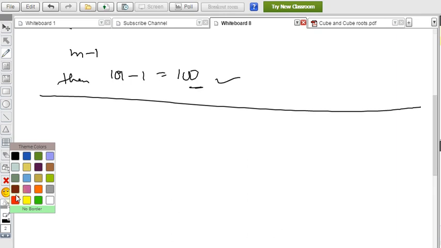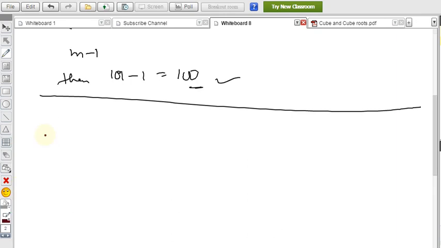Fine. A is equal to 27. A value is given, and they have given a condition: cube root of a plus cube root of b is equal to cube root of 729.